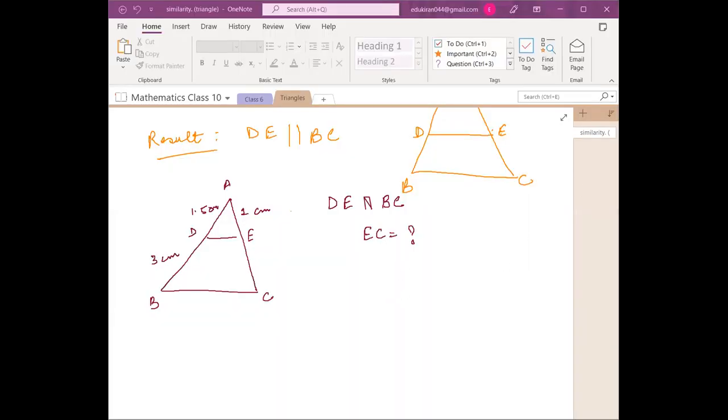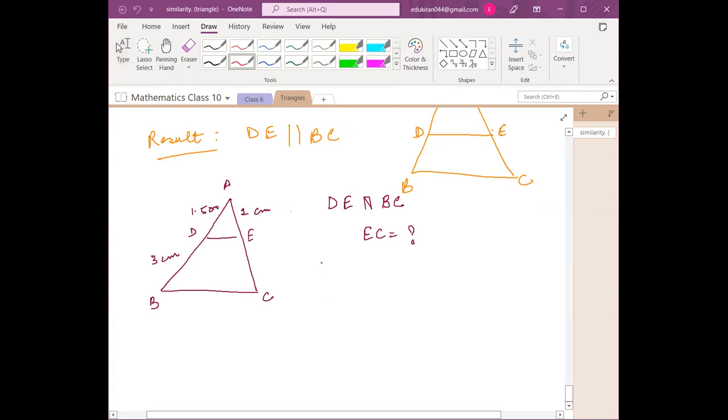Sorry, something happened. Are you able to see now, Sarah? Okay. So Sarah, it is given now that DE is parallel to BC, so you can use the basic proportionality theorem, isn't it? Since DE is parallel to BC, applying Thales theorem.